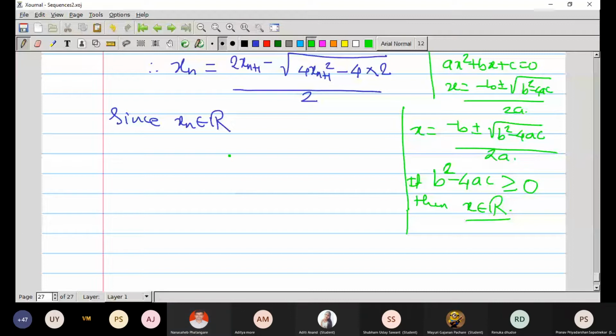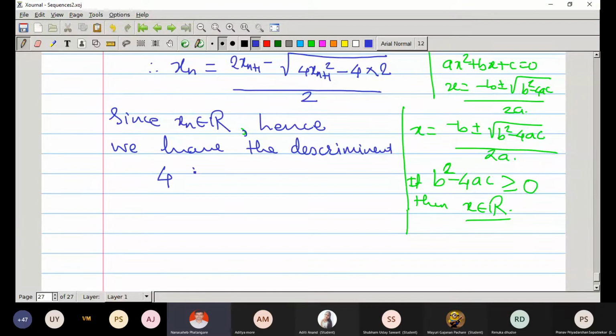Okay. So all terms xn are real numbers, that we are sure, and therefore what can we say about the discriminant? What is the discriminant in this case? 4 times xn plus 1 square minus 2 must be greater than or equal to 0.